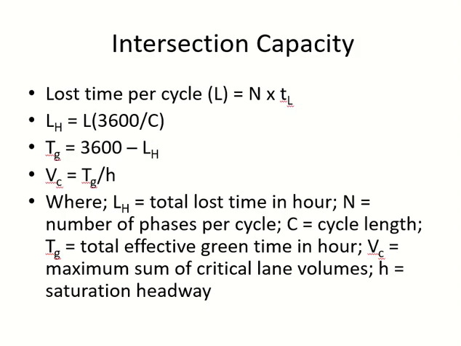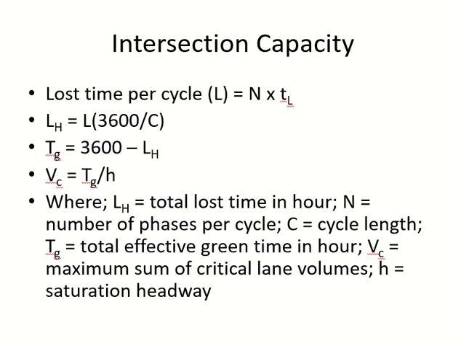Moving on, in the previous example we just calculated the capacity of one lane. Let us move forward and see how we can calculate the capacity of the entire intersection. So for that we will try to draw an equation.